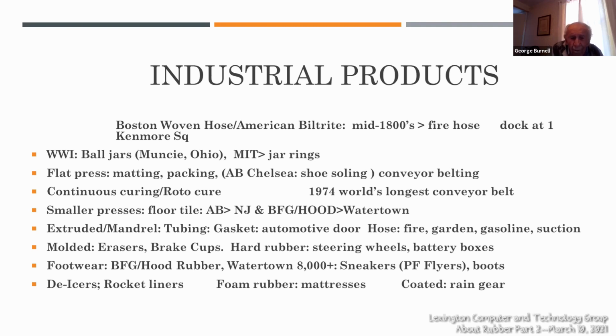I don't know that there are many of those left today, but that was a hard rubber product. The battery boxes that you see every day, and the same thing there. I don't know what the chemical composition is of the battery boxes.